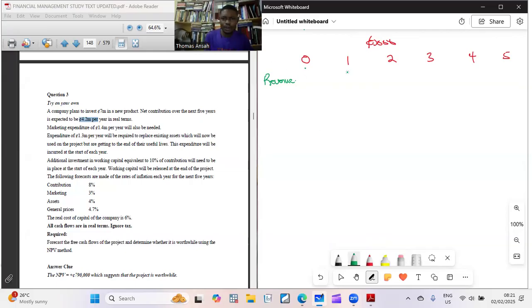So if this is our now, the inflows must start from here. You cannot start the investment today and end today. It doesn't happen. Think about it. You are doing the investment today, at the end of the year zero, to start earning at the end of each year, and what you've earned, you PV it to today. All right. So that is that.